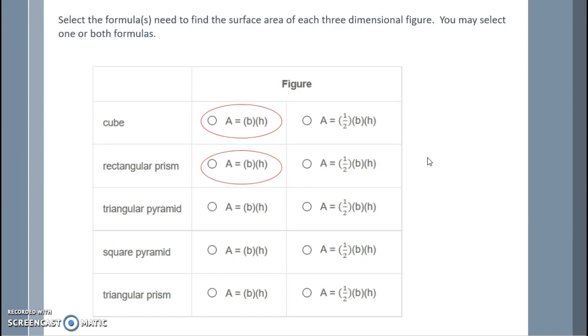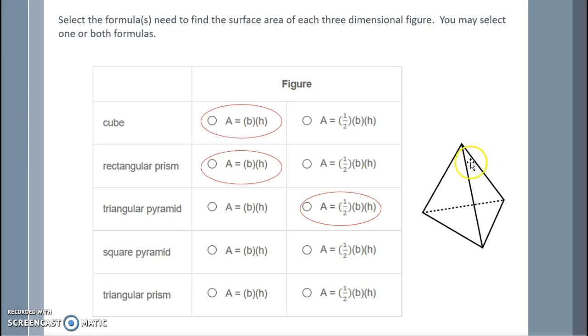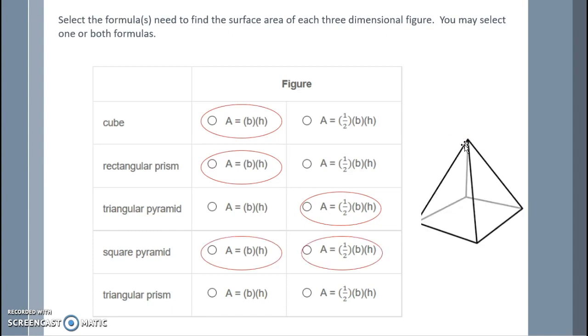When I look at a triangular pyramid, we would need the area of a triangle formula. And I have a picture on the right here. It's a triangular pyramid because the triangular part tells us that it's a triangle base, and a pyramid means that they're all going to meet at one particular point. So all we have are triangles, versus a square pyramid where we would need both.